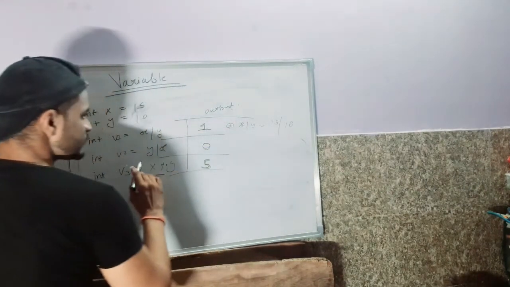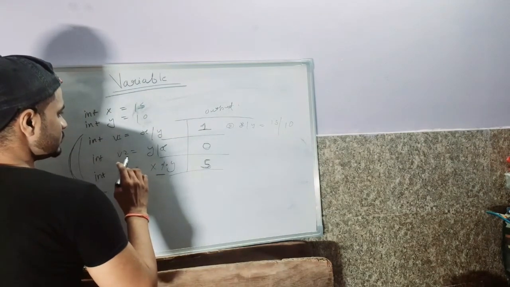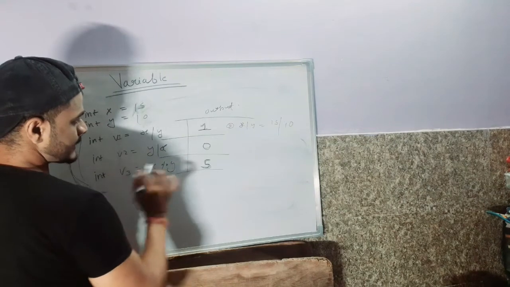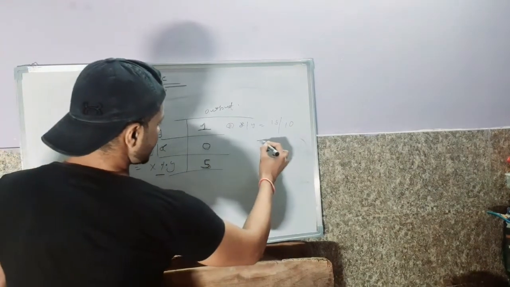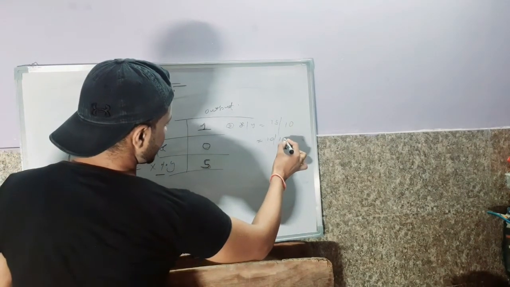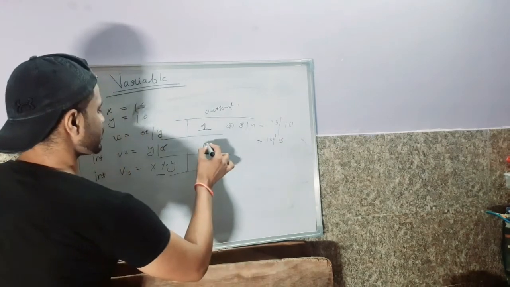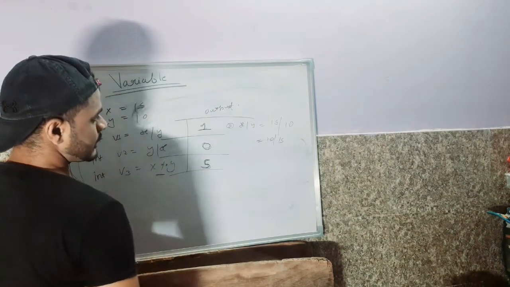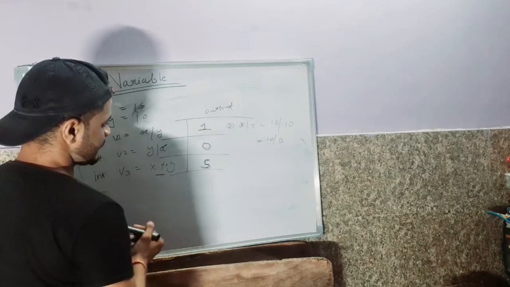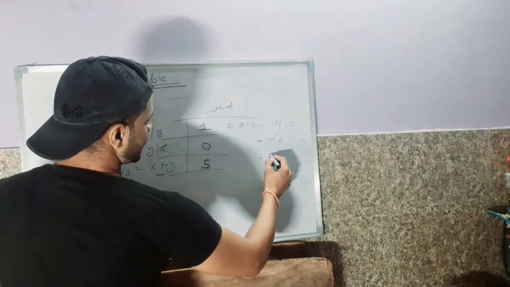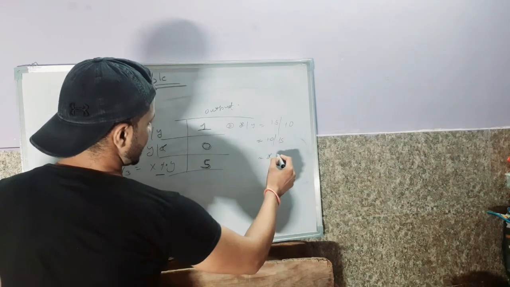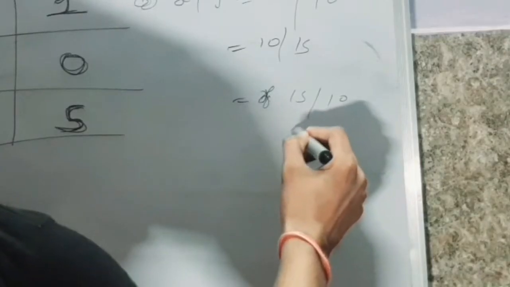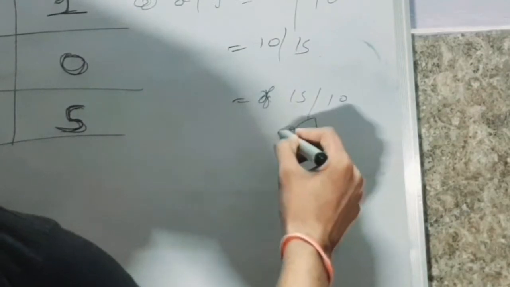Int v2 is y divided by x, so 10 divided by 15, there is 0. And now what is this? x modulus y means 15 and 10.